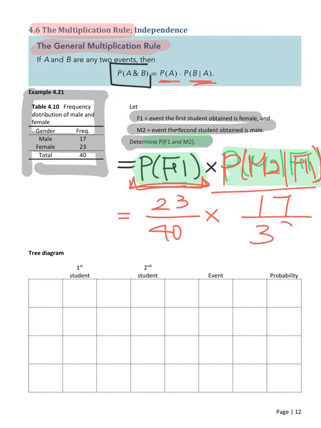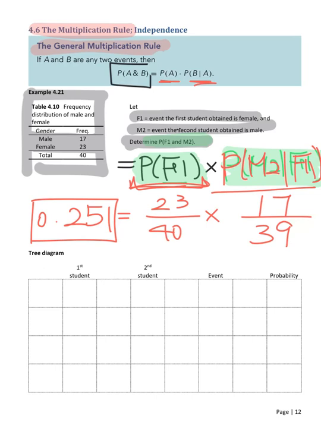It is conditional, based on the new sample space. Now I have only 39 students on the seats. It's good? So can you take the multiplication, please? 23 out of 40 times 17 out of 39. Did you get 0.251? Good, thank you. Does it make sense?